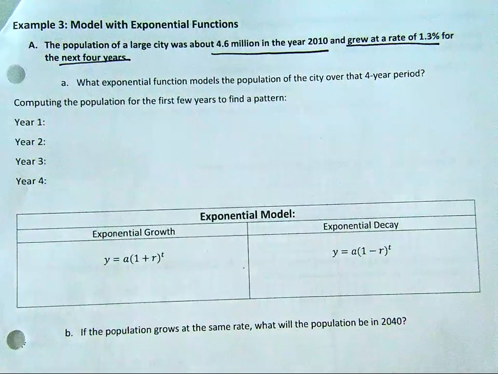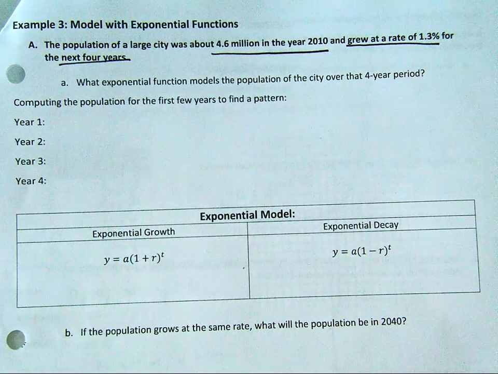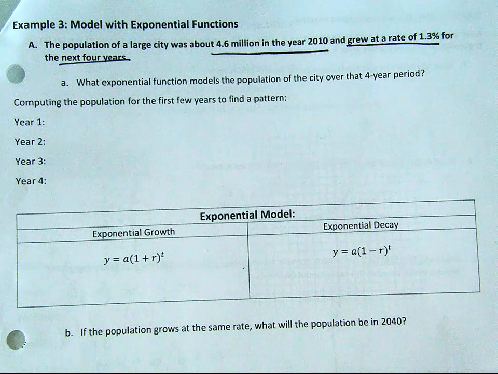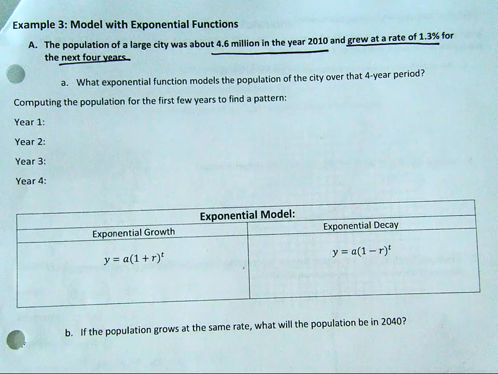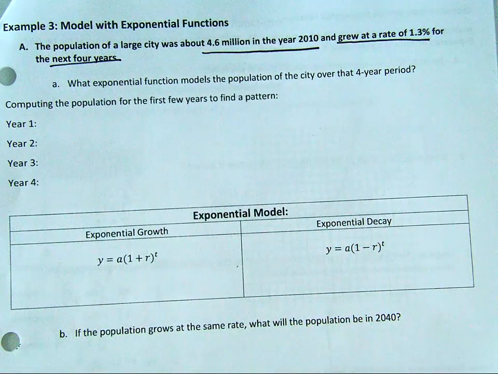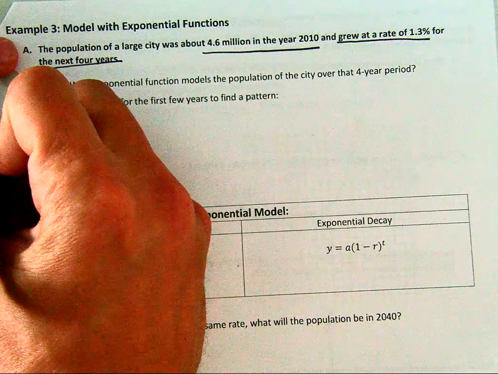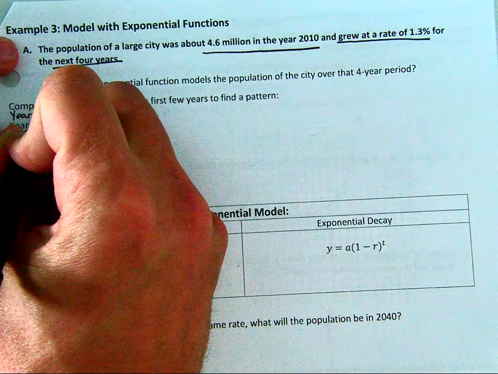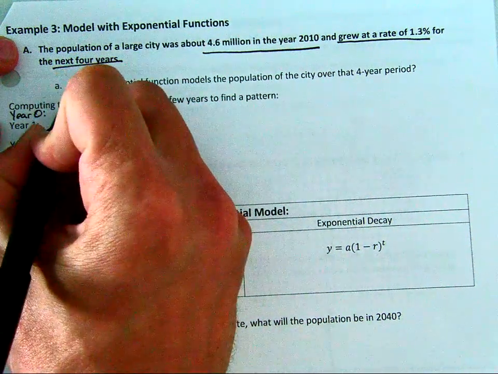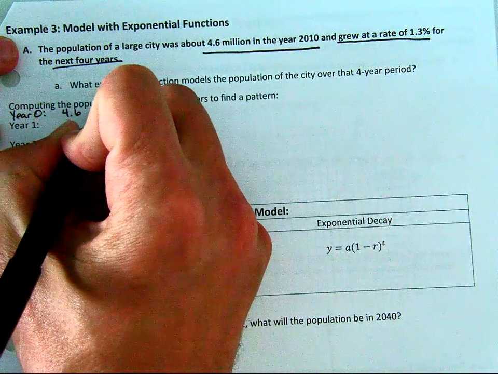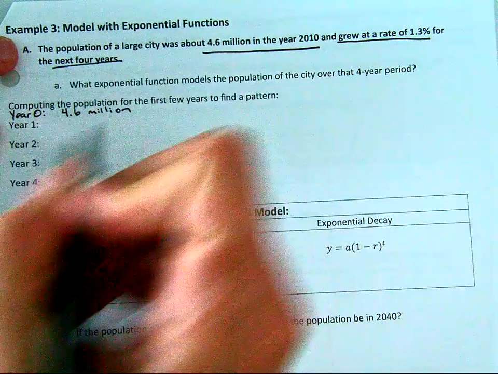And what we're going to do here is compute the population for the first few years by hand to find a pattern. Okay. So for year 0, I meant to put that in there. Year 0, that means 2010, population is 4.6 million. After year 1, it is increasing by 1.3%.